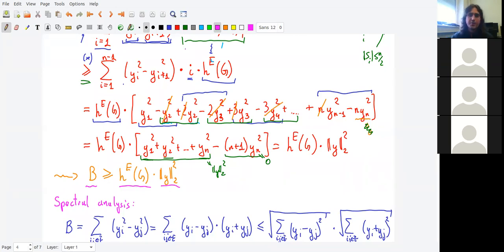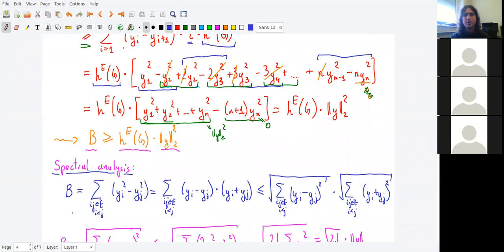Okay. If not, then let's continue with the spectral analysis. So now we are looking at our term B, and we are trying to rewrite it so that we can relate various components of this term to the spectral properties of the adjacency matrix. Recall that B is equal to this, the sum over all the edges of the difference between the squares of the entries in y.